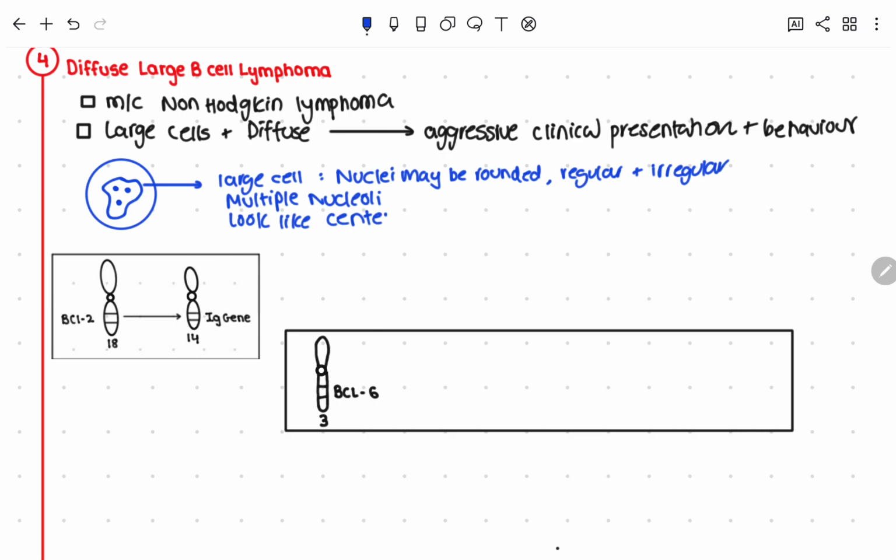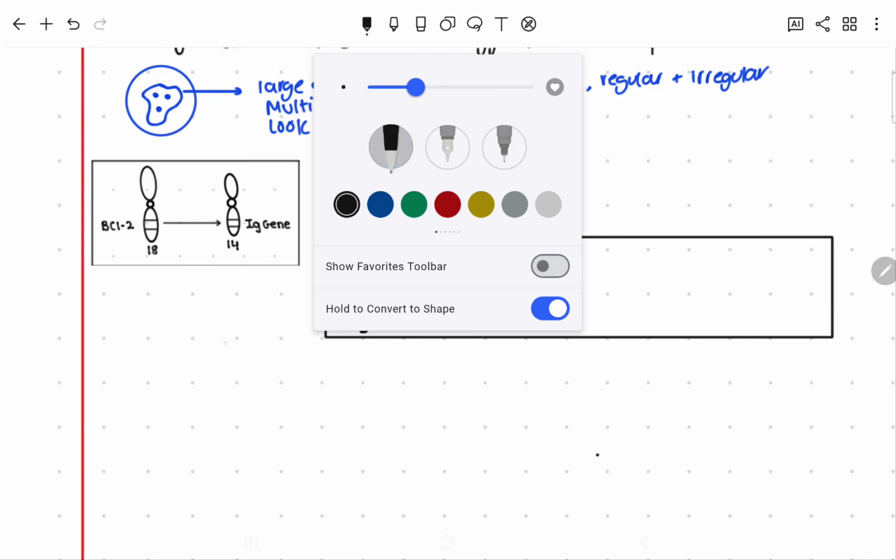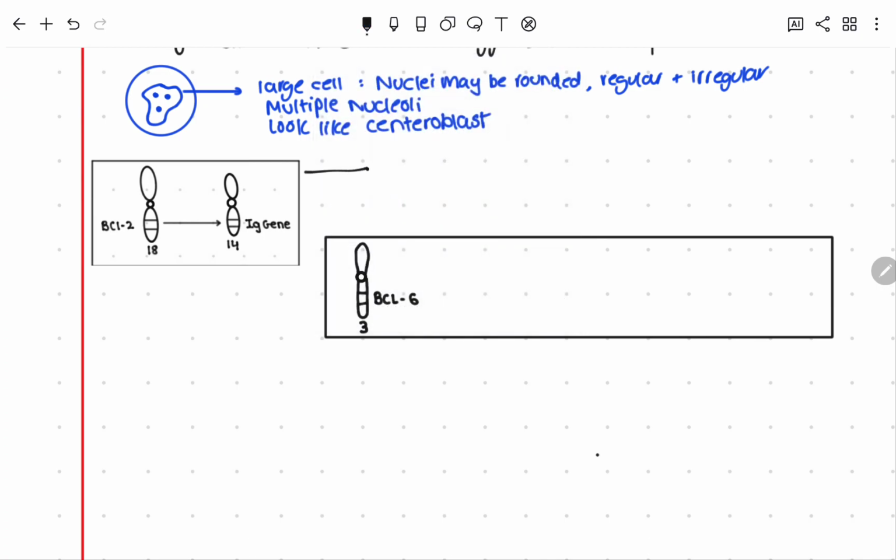And I'm guessing now you can have an idea of why they may look like centroblasts, because we did mention that follicular lymphomas, in which the centroblasts and centrocytes were the most common type of cells found within follicles, could progress to diffuse large B-cell lymphomas. And so that will be the first chromosomal abnormality that diffuse large B-cell lymphomas may be associated with.